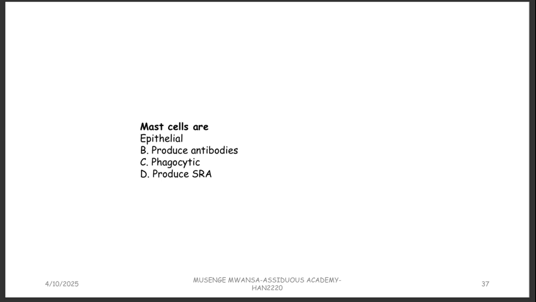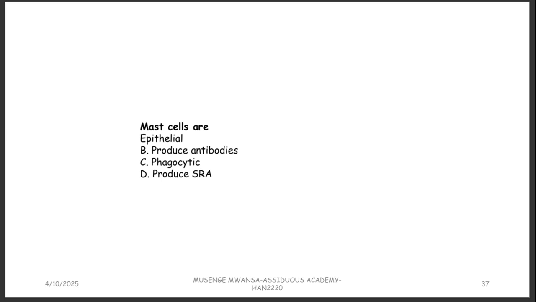Okay. So remember the mast cells. Let me maybe ask, what do mast cells really contain? What do they contain? Is there anyone that is able to answer that? Okay.